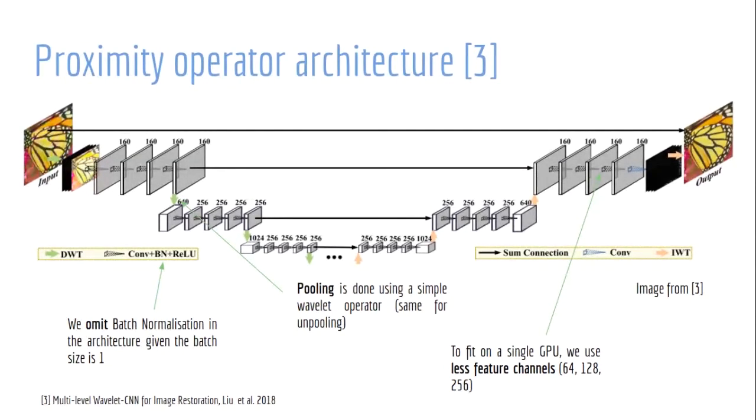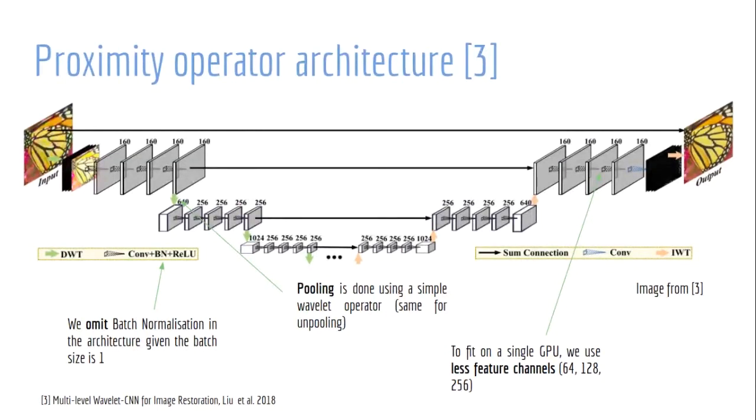So what we did is that we benchmarked several denoisers in a simpler context, which is basically a context where we do not have multiple coils, we just have a single coil. And we tried to select the one which had the best performance. And in this particular case, it was the multi-level wavelet convolutional neural network, which had the best performance.